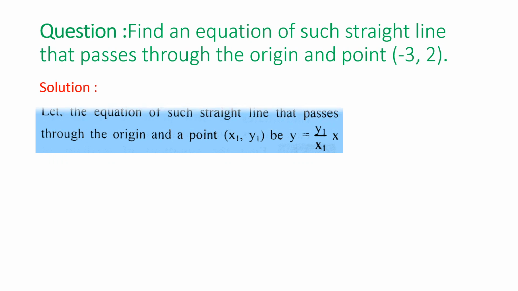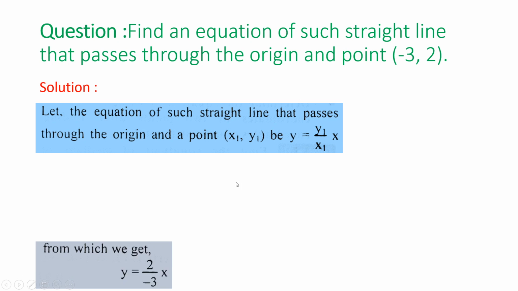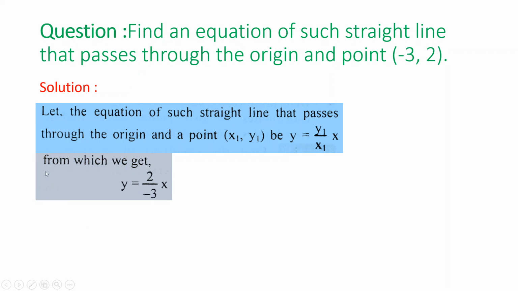Solution: let the equation of the straight line that passes through the origin and a point (x1, y1) be y = (y1/x1)x, from which we get y = (2/-3)x. Here x1 = -3, y1 = 2.